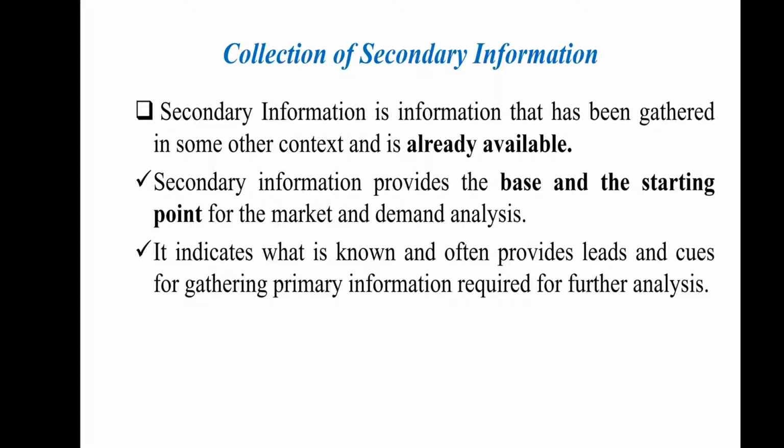So secondary information provides the base and starting point for the market and demand analysis, and it indicates what is known and often provides leads and clues for gathering primary information required for further analysis.